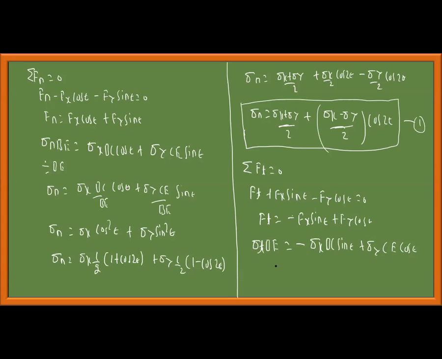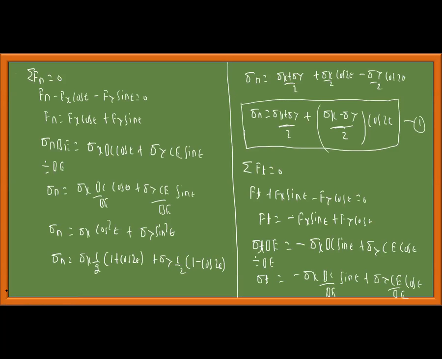Next, dividing throughout by b, sigma_t is equal to minus sigma_x bc by b sin theta plus sigma_y ce by b cos theta.